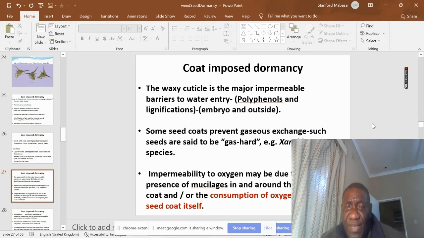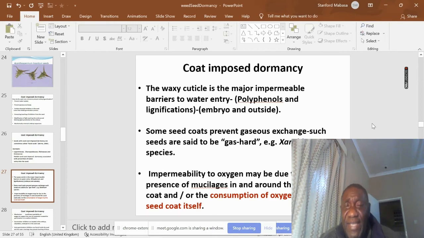Some seed coats may prevent gaseous exchange. Such seeds are said to be gas hard. For example, Xanthium species. You know, we've been talking about Xanthium possessing two different types of seeds. The seeds could also be gas hard.